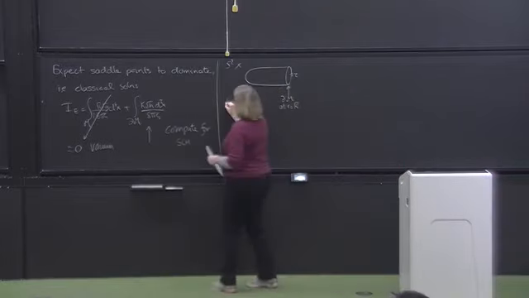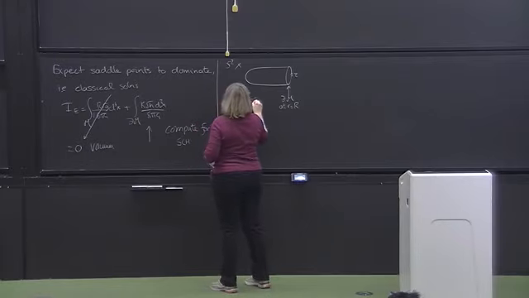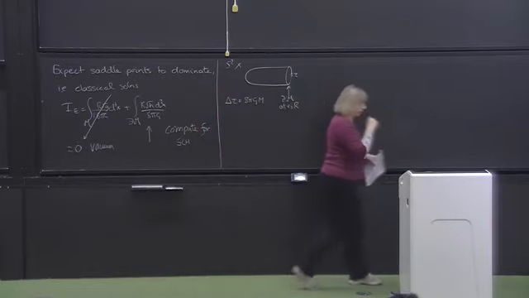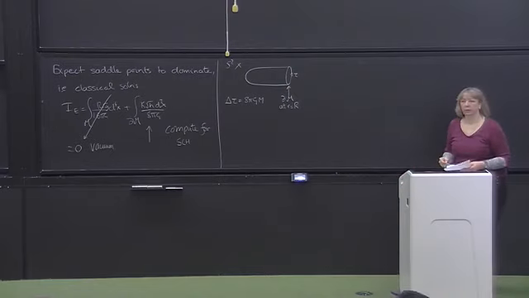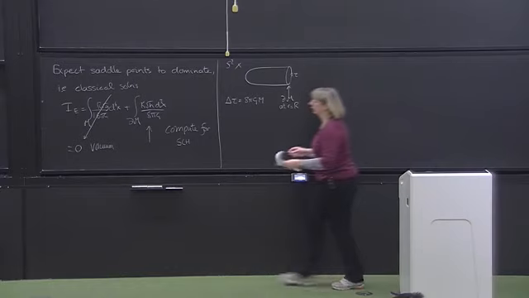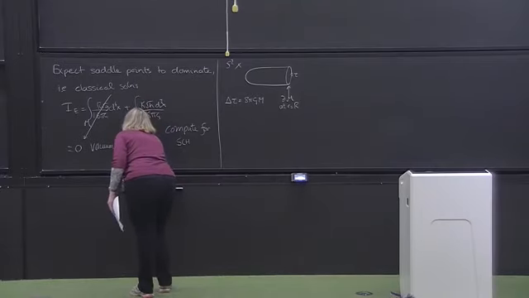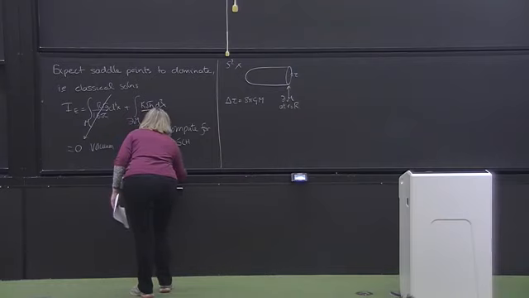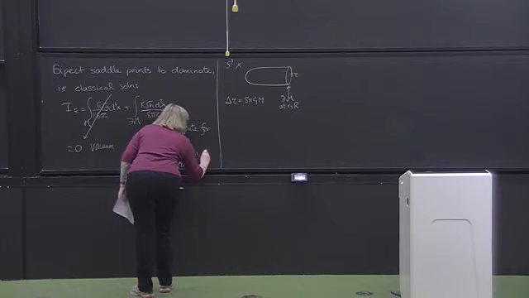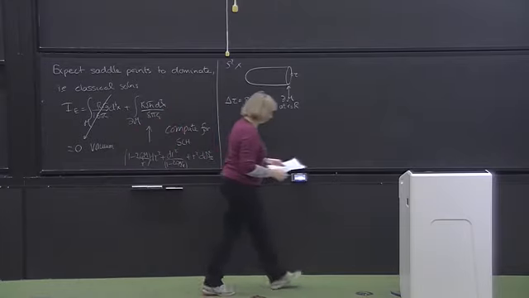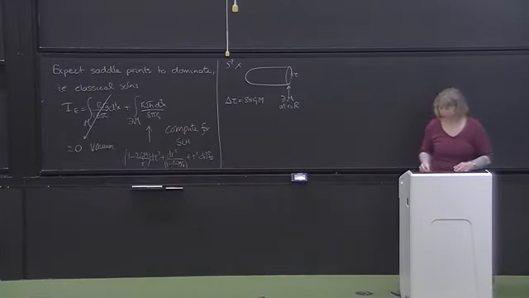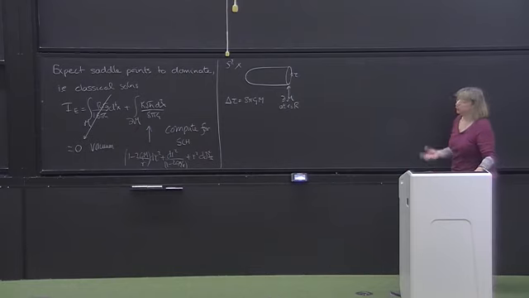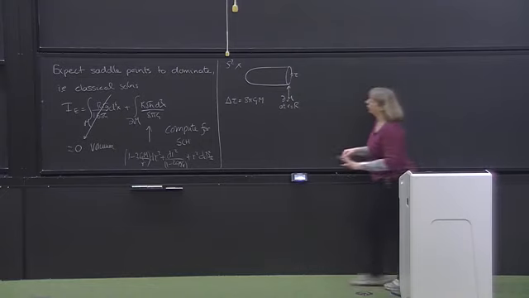So remember, for the Schwarzschild solution, the periodicity of our tau coordinate, delta tau, is 8 pi GM. So this is Euclidean Schwarzschild. What we want to do is compute the extrinsic curvature of that boundary and then look at the integral over the boundary.